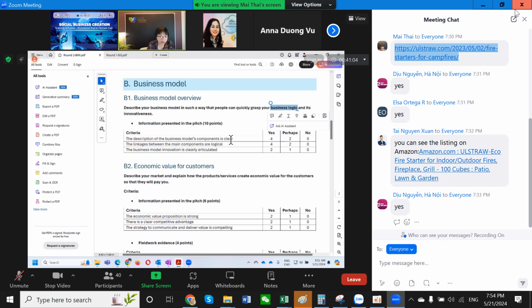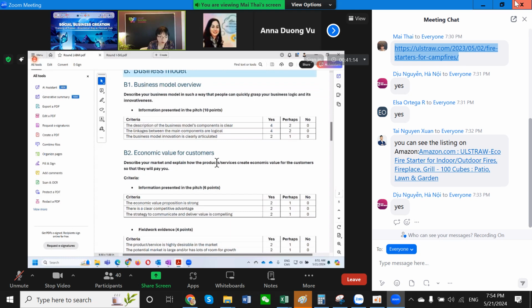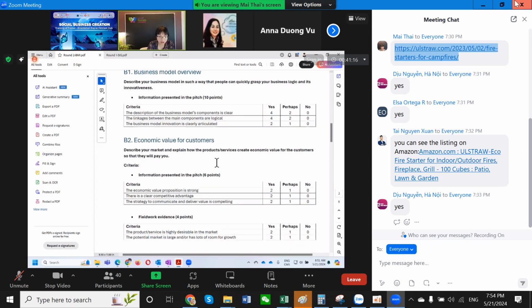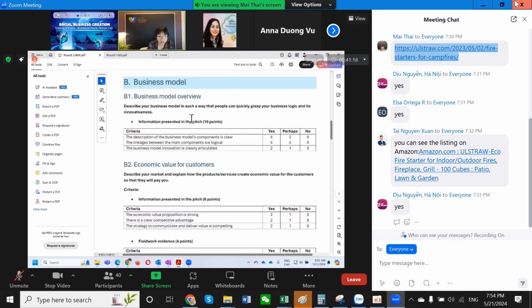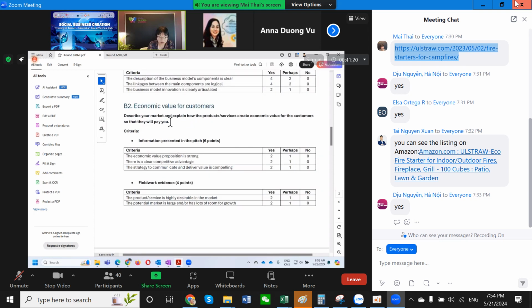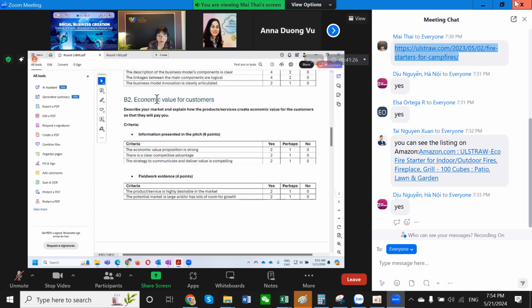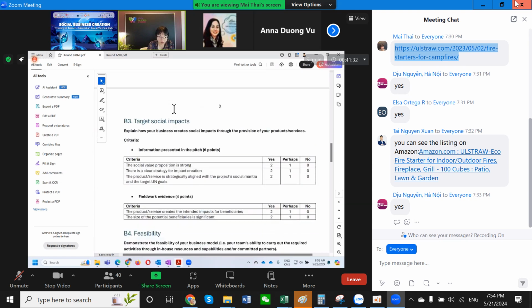So we have to understand how they're going to organize the production, how they sell the product, and how they charge the customers. And then for the business model to work, they have to highlight that the products or services they propose have economic value for the payers. And then how it will create social impact.